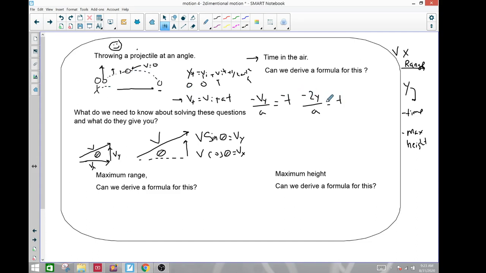Now let's plug in the value for the initial velocity of y.